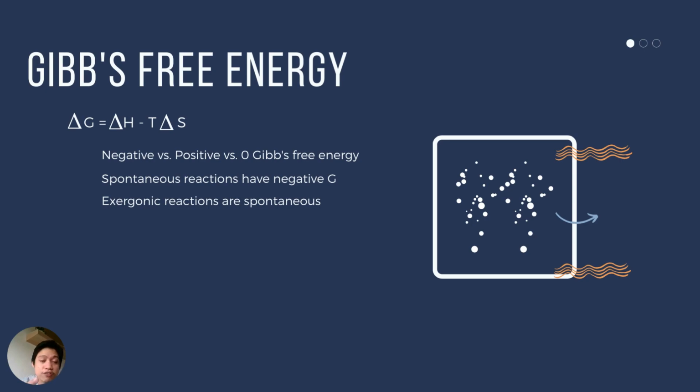If you have negative Gibbs free energy, then the system will tend to lose heat energy into the environment, and therefore enthalpy decreases, entropy increases. The system will then undergo change so that it becomes more disorganized.